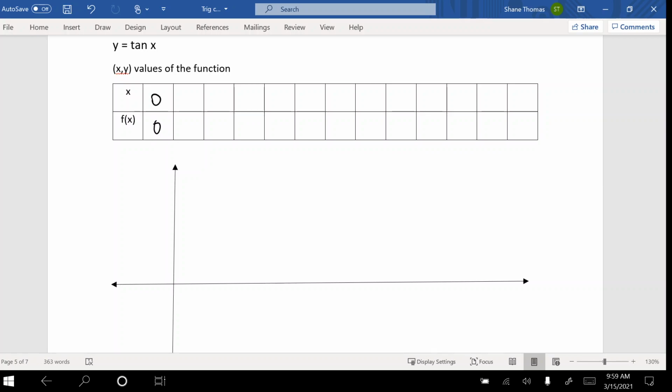Let's skip ahead to this guy here. I'm going to look at pi over 2, just halfway through our cycle. Now, if you do the tangent of pi over 2, guess what you're going to get?